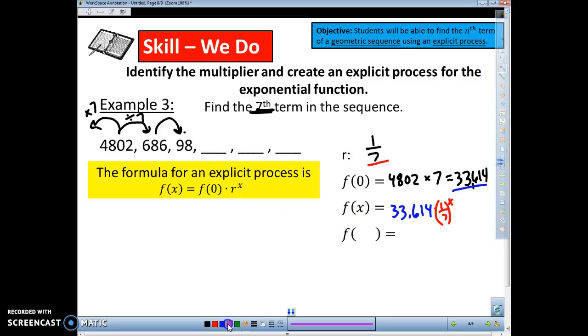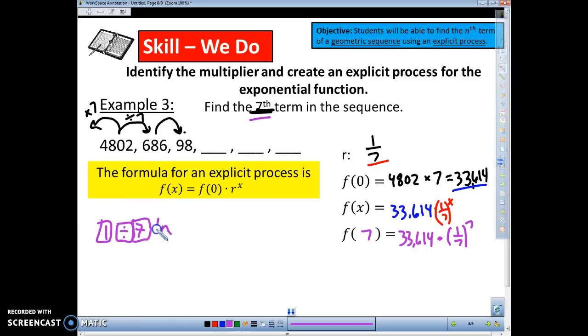Okay, we want to find the 7th term, so I plug in 7, and I get 33,614 multiplied times 1 over 7 to the 7th power. So here's what you're going to do for this one. Punch in 1 divided by 7, and you'll get a value.